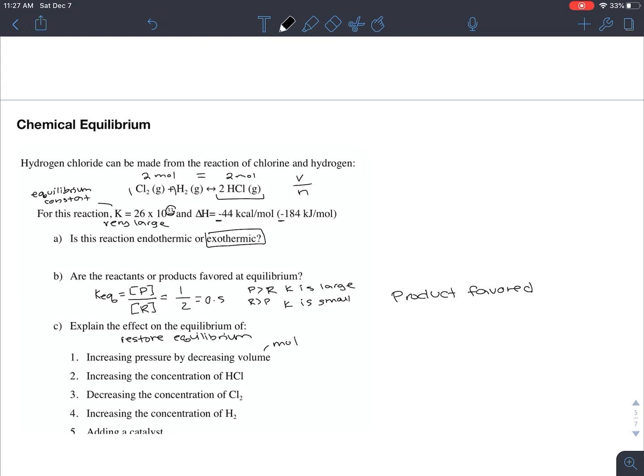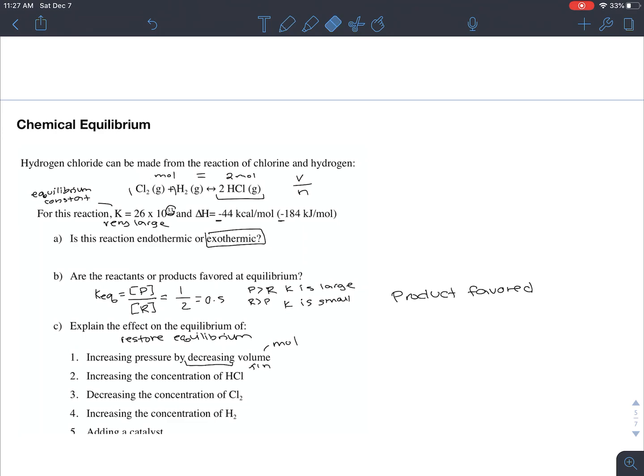We know that volume and moles are inversely related. So if I am decreasing my volume, I'm increasing my moles. However, since they're exactly equal to one another, this particular situation has no change because it's equal moles. Now, if I had 3 moles to 1 mole, then that would change and would go towards the heavier side of moles, and then it would shift to fixing it.